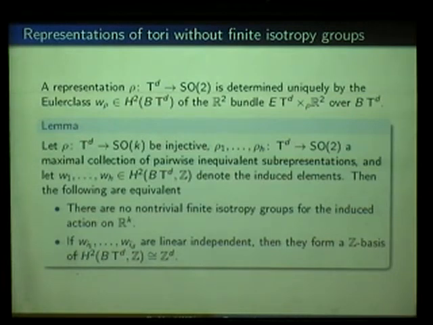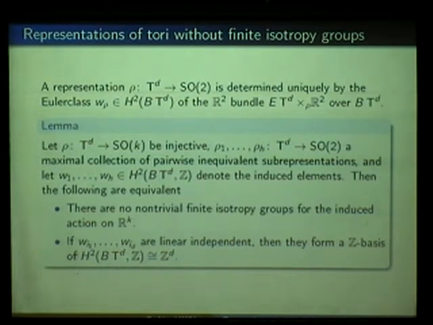So by taking the Euler class of the corresponding bundle over the classifying space. And now, if you have a representation, of course it decomposes into two-dimensional representations, and you take a maximal collection of pairwise inequivalent subrepresentations, and we denote by W1 to WH the corresponding elements in H2.